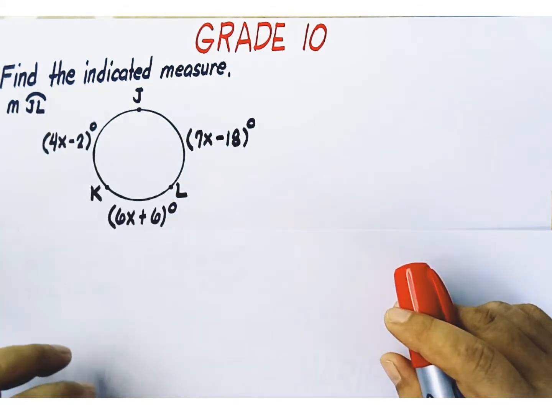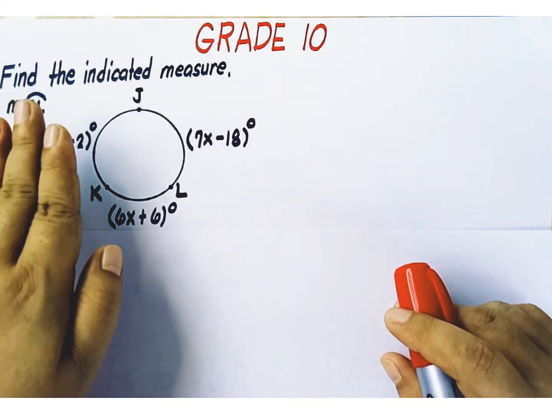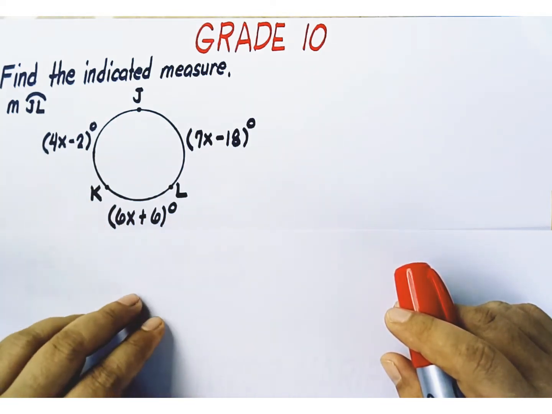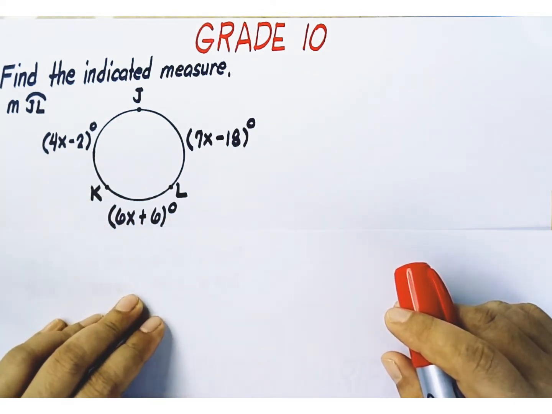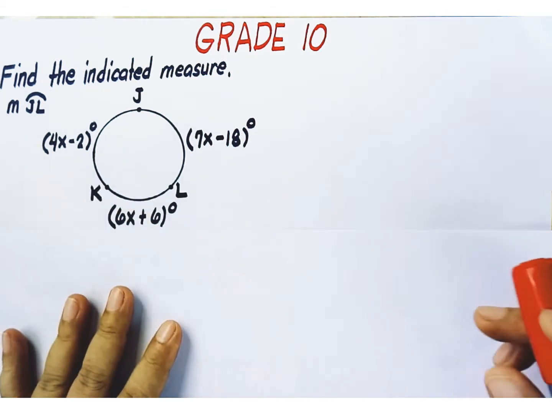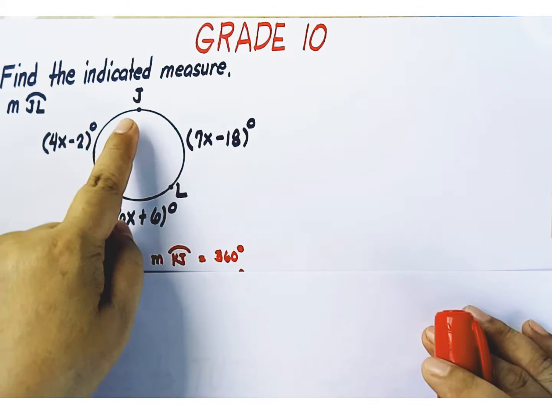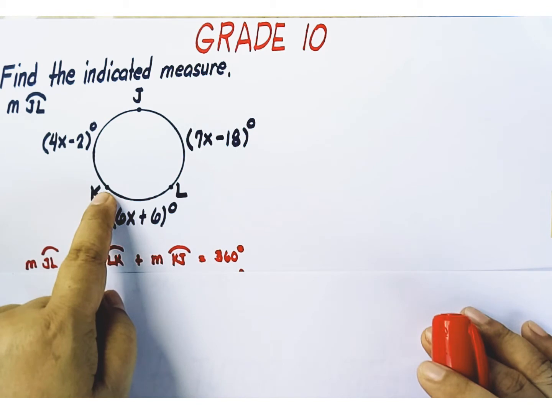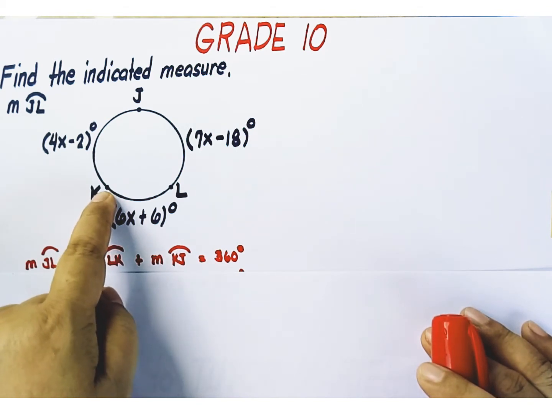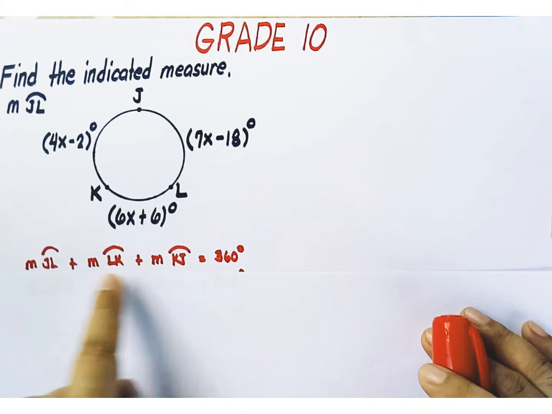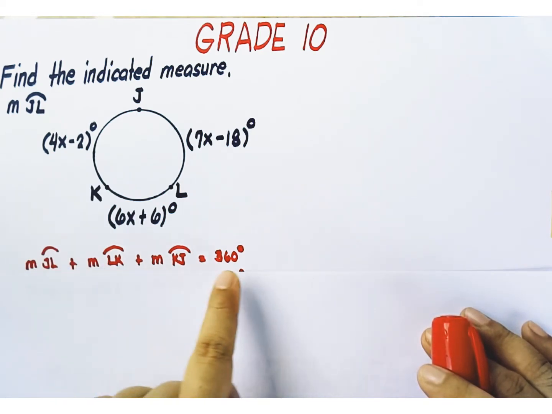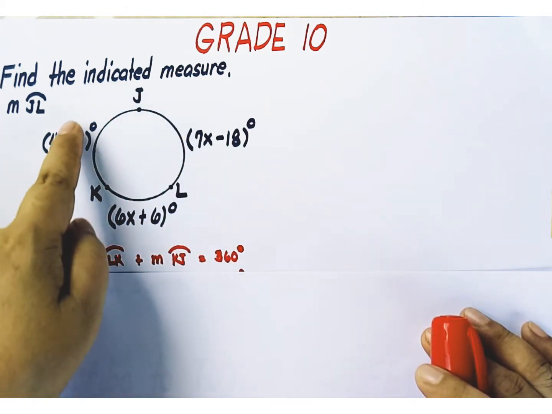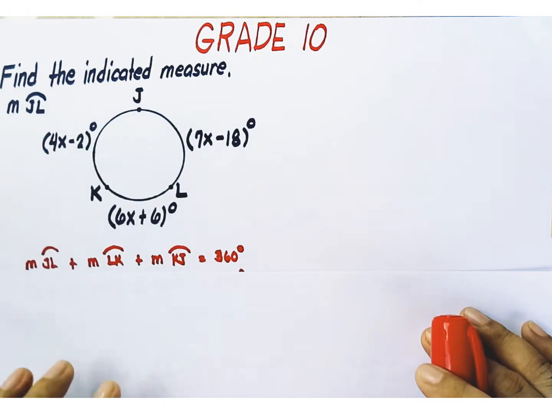In degrees, the measure of a full circle is always equal to 360 degrees. So our equation would be measure of ArcJL plus measure of ArcLK plus measure of ArcKJ, adding up together, the sum is equal to 360 degrees or the circumference of the circle.